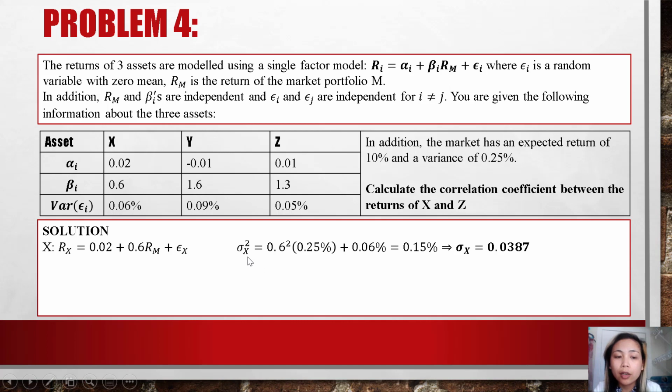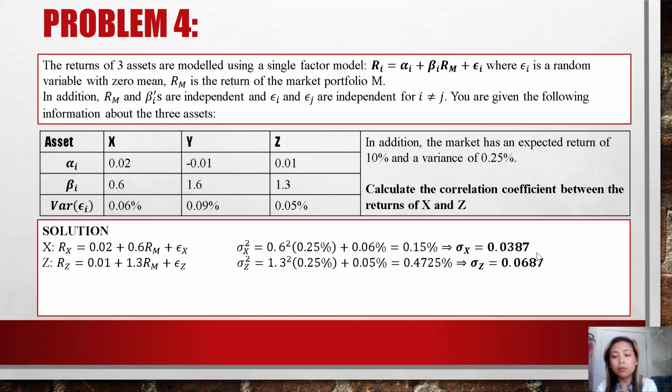So variance of Rx is 0.15%, leading to sigma x is 0.0387. Now for z, similar, we find sigma of z is 0.0687.